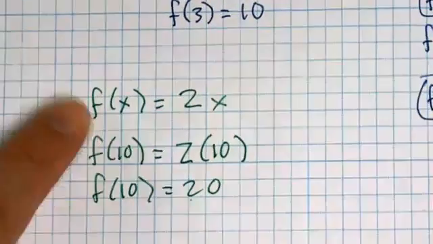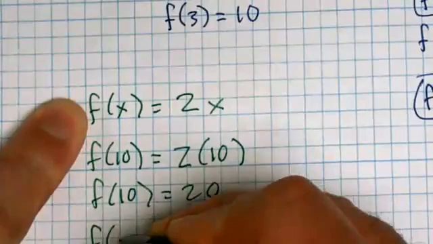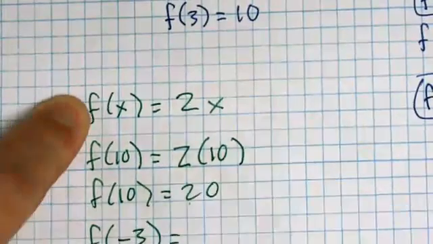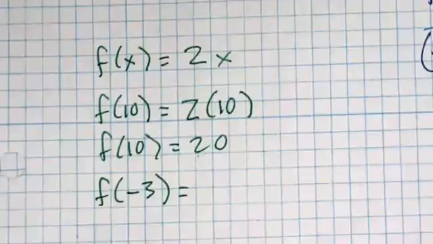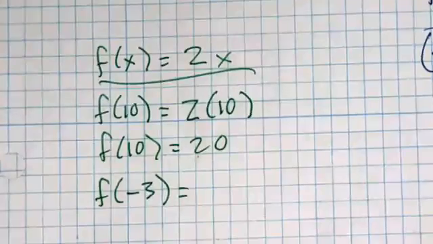Same equation. We're still going with this version of f of x. Could you please find me f of -3? Same equation. So we're still using f of x equals 2x here.